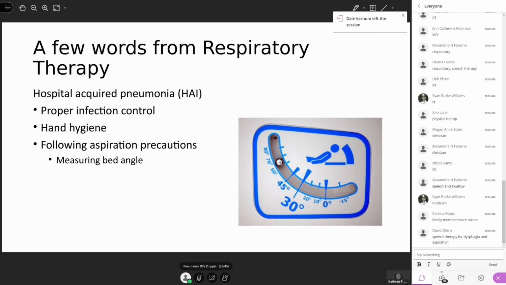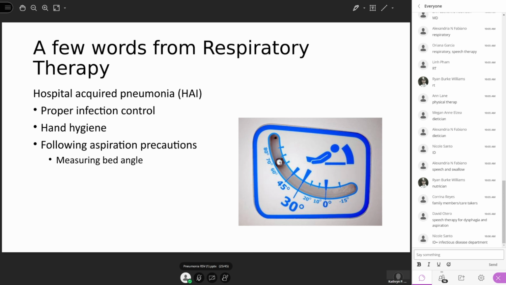I did talk to Margaret Guerrero, one of our respiratory therapists, and I asked, what do you want the students to know about pneumonia? She said, please emphasize that it's contaminated hands that spread bacteria from infected patients and contaminated surfaces, and that putting on a pair of gloves without washing your hands may protect you, but it doesn't protect the patient. So again, hand washing, and looking at what causes hospital-acquired pneumonia.